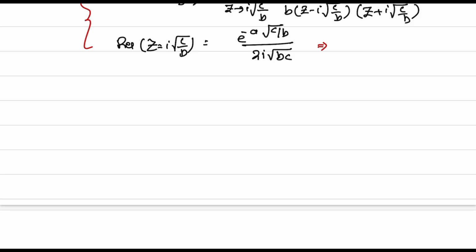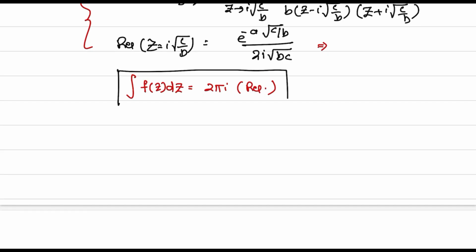By applying the residue theorem, what does the residue theorem say? The integral of the function f(z) dz is equal to 2 pi i into the residue. The main crux of the problem in the residue theorem is which residue to apply.